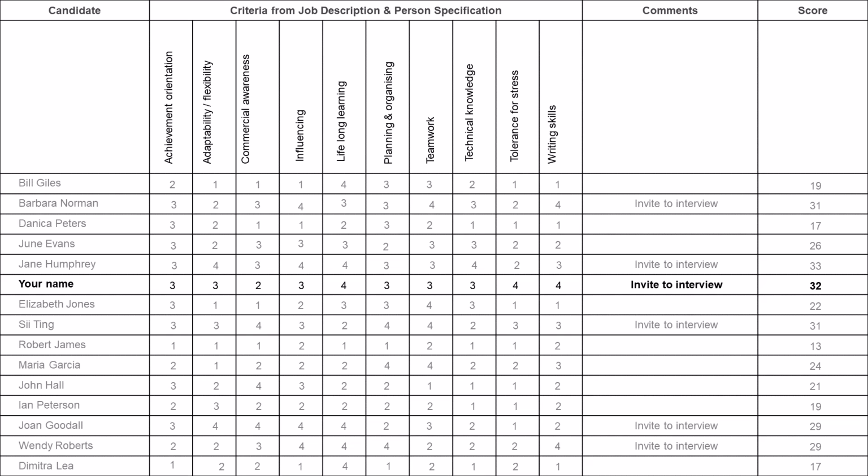And for each of these skills, what they do is give everybody a score along those skills. I've used 1 to 4 here, it might be 1 to 5, 1 to 10, doesn't really matter. All those scores are then added up, and the top scores are the ones that get invited to interview.